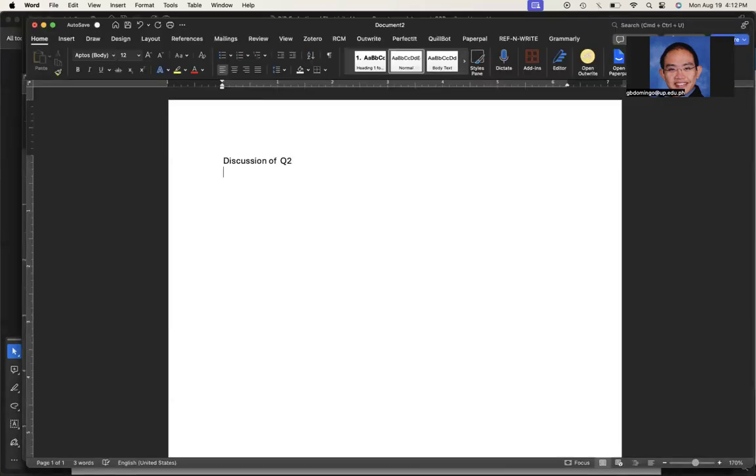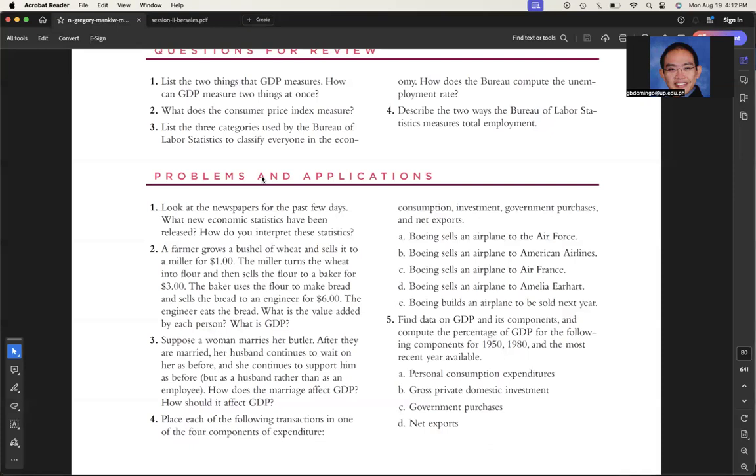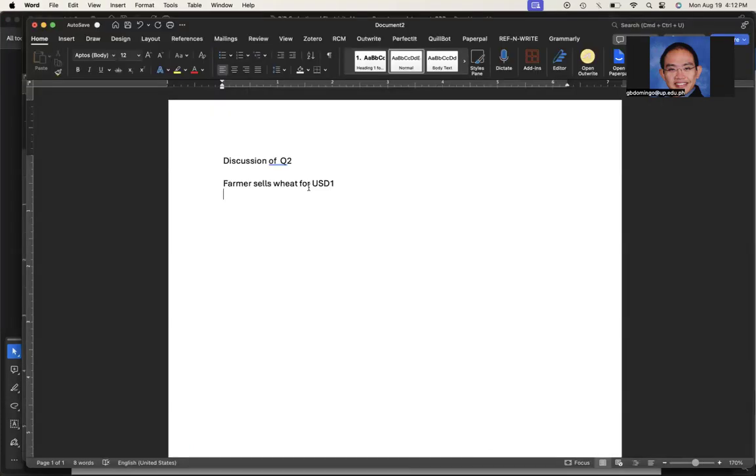Now, the farmer grows a bushel of wheat and sells it to the miller for 1. So let's go to question 2. The farmer sells wheat for 1. The miller buys it and turns it into flour, and sells it for 3. So we want to make sure the supply chain is clear.